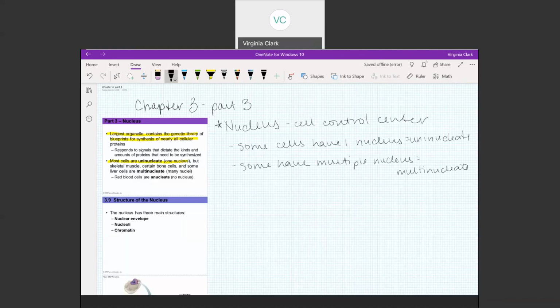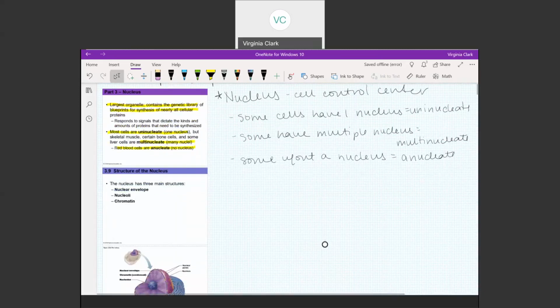And then you're also going to have some without a nucleus, and if there is no nucleus in the cell, these are called anucleated. An example of an anucleated cell is a red blood cell. They have no nucleus. We're actually going to talk about all three of these types this semester.